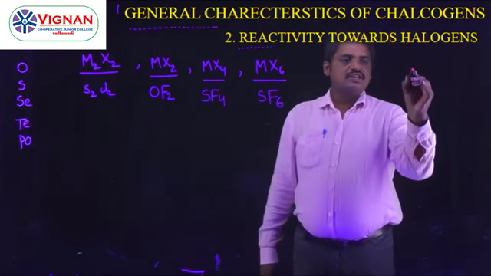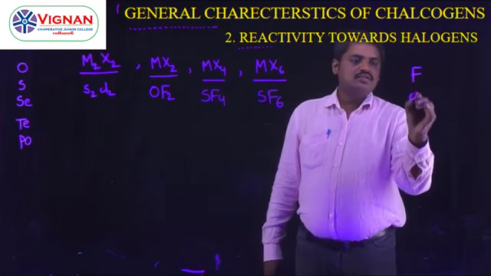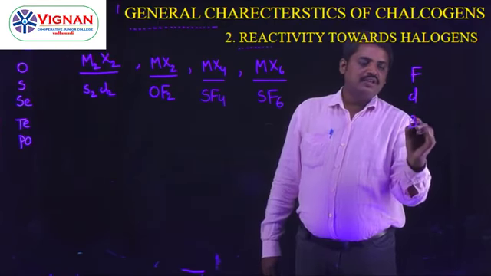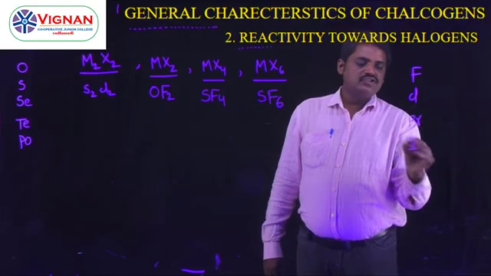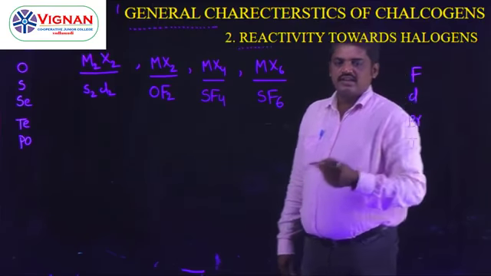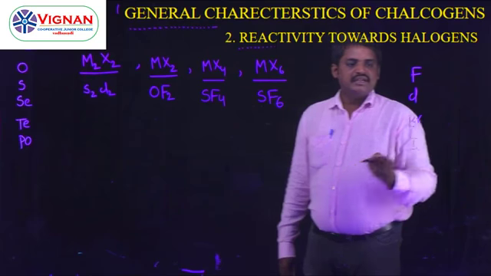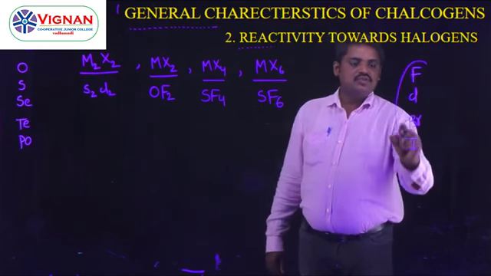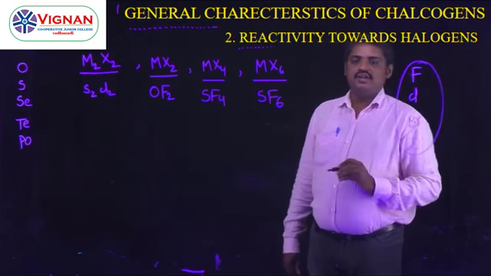These elements are fluorine, chlorine, bromine, iodine, and astatine, which is a recently discovered element, but the halogens are fluorine, chlorine, bromine, iodine.